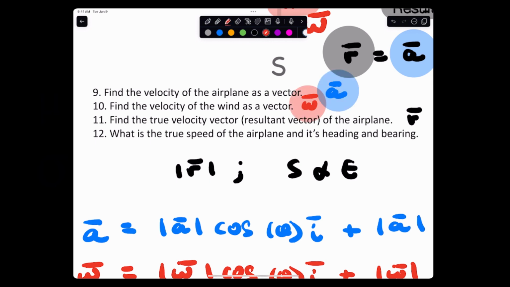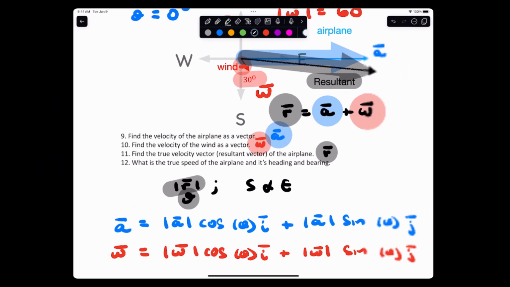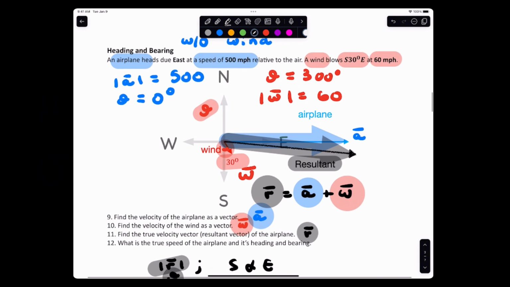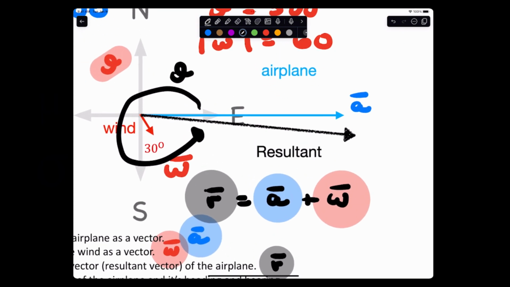Vector W is 10. Vector R, the resultant, is 11. What do we need now for question 12? The length of the R vector, and then we need that standard angle. We need theta. That theta is going to give us the angle that we're looking for. If we get the standard angle of vector R, that'll be the theta for the resultant vector now.